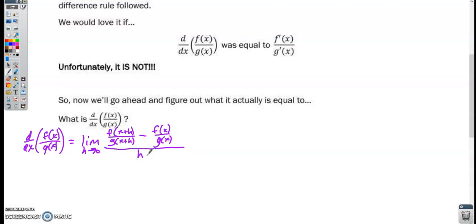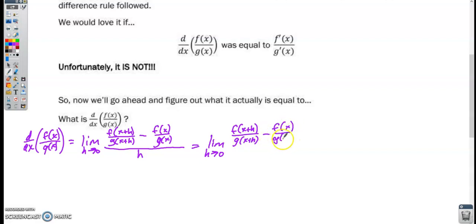Now, probably a good first step for us here is to clear out the denominators of the fractions that show up in the numerator. So I'm going to take this expression and multiply by the two denominators that show up in our numerator.